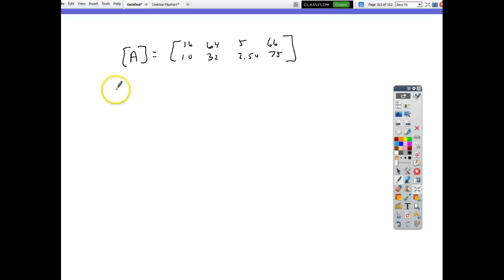So we would write that process as 2A, and then we do what? 32, 20, 128, 64, 10, 5, 132, 150. That make sense?